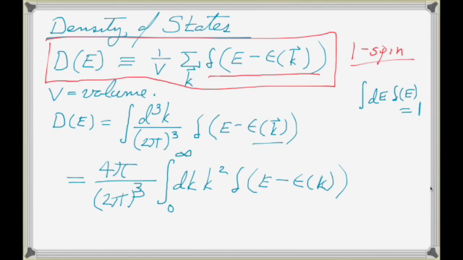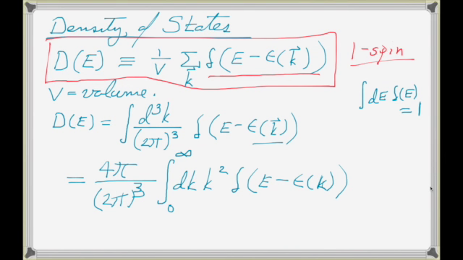When that's true, then you get a contribution. When it's not, you get zero. So you're just summing all the contributions in the Brillouin zone of when your dispersion is equal to the energy of interest. And so those would be all the states at that energy. That's really what you're seeing here. You're just summing over all the states at that energy.